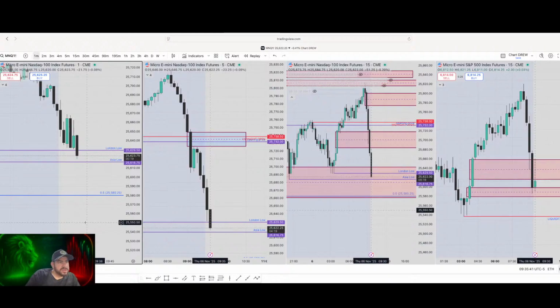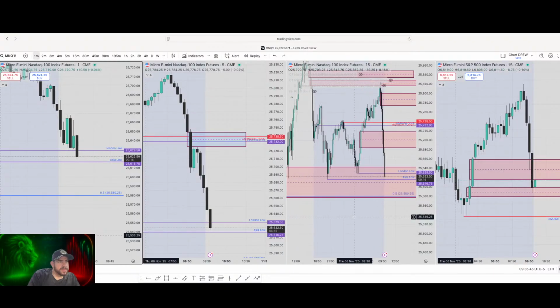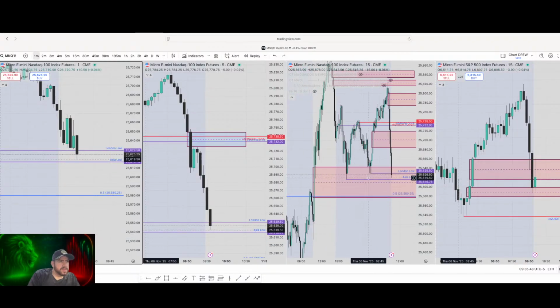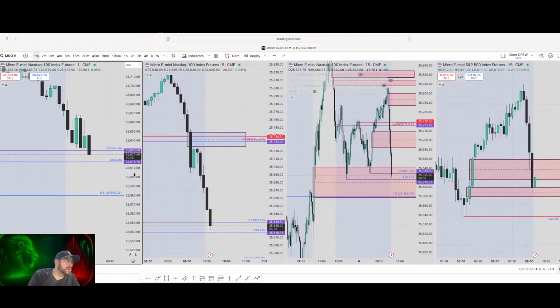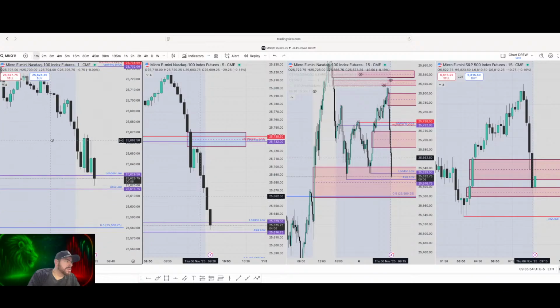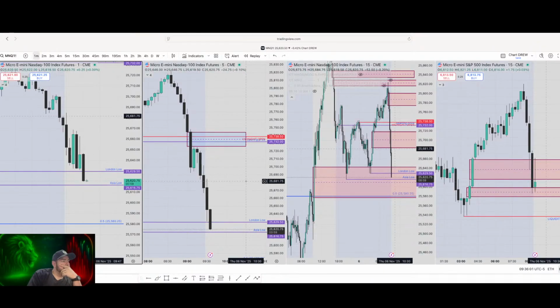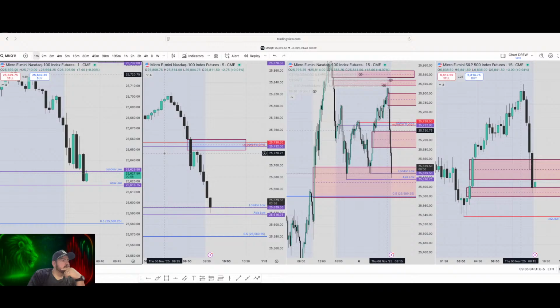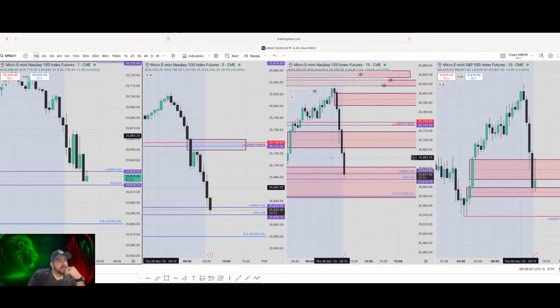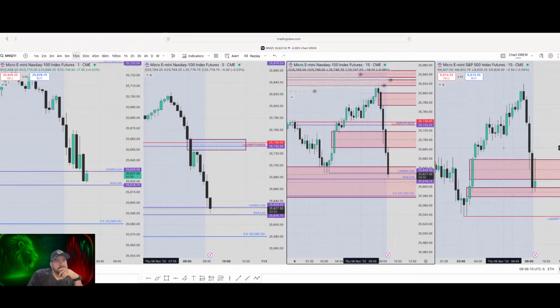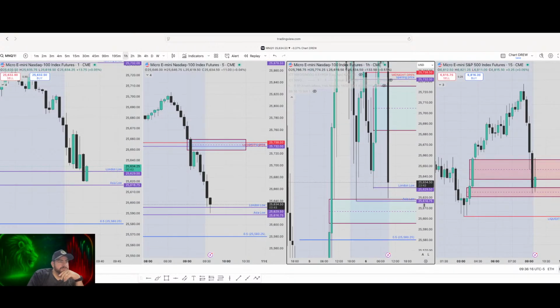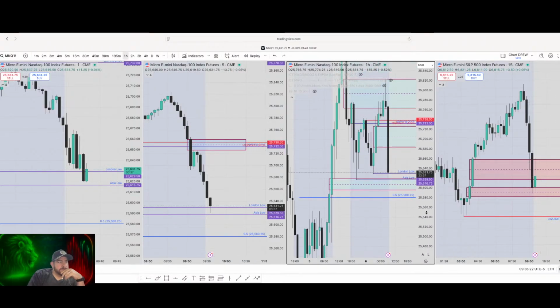Got London low, see the Asia low coming up. Because if we hit Asia low, then we'd be tagging into this 1 hour as well that we tagged into before, but it's just so little.